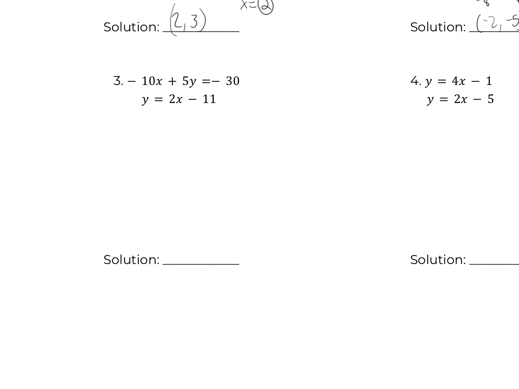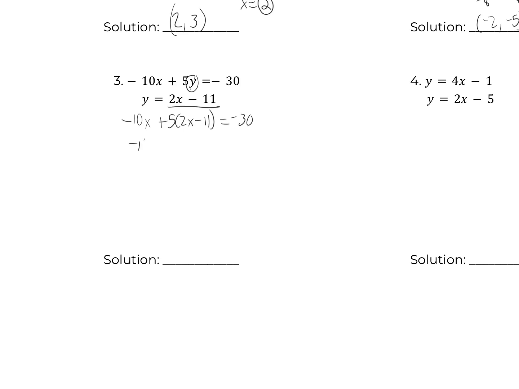All right, number 3 is kind of a weird case, and I'll show you why as we go. I have isolated y, so y is equal to 2x minus 11, so that goes in right there for the y in the first equation. So -10x plus 5 times (2x minus 11) equals -30.